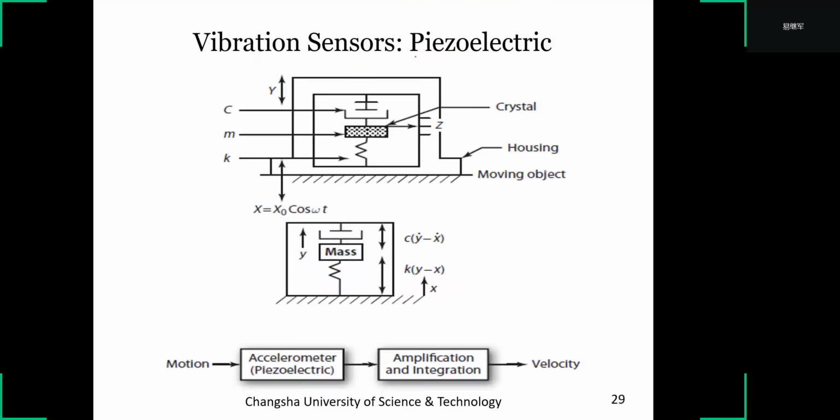This is a piezoelectrical. And like the seismic mass, there is a box.